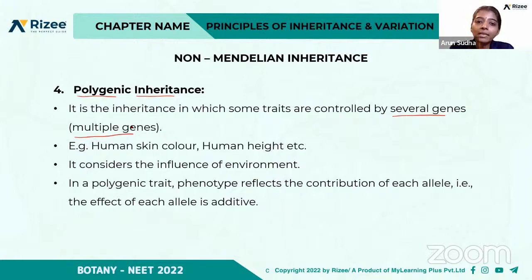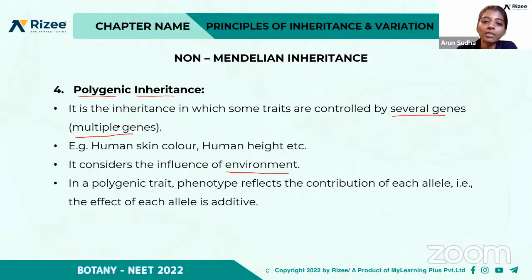So in the case of polygenic inheritance, if you take human skin color or human height, there occurs a variation. Not all individuals are of the same height or the same color. It also considers the influence of the environment.